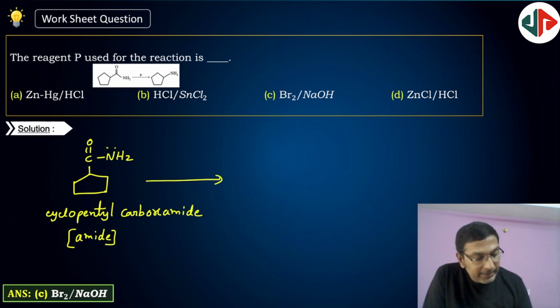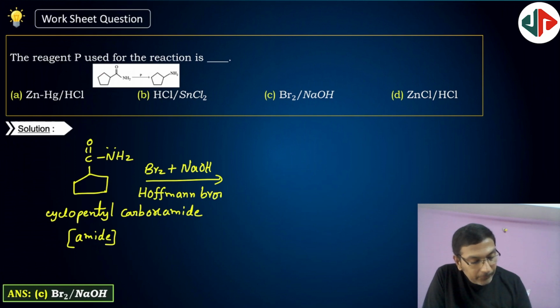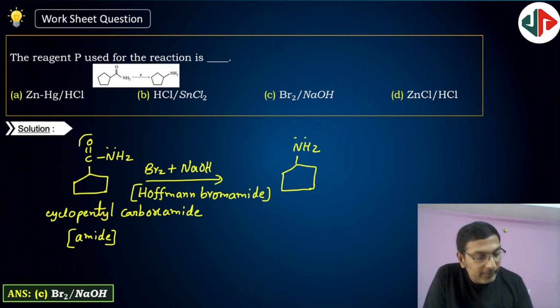So which reacts with Br2 and NaOH, which is Hoffman bromamide reaction. It gives NH2. Here CO will be removed in the form of CO2.